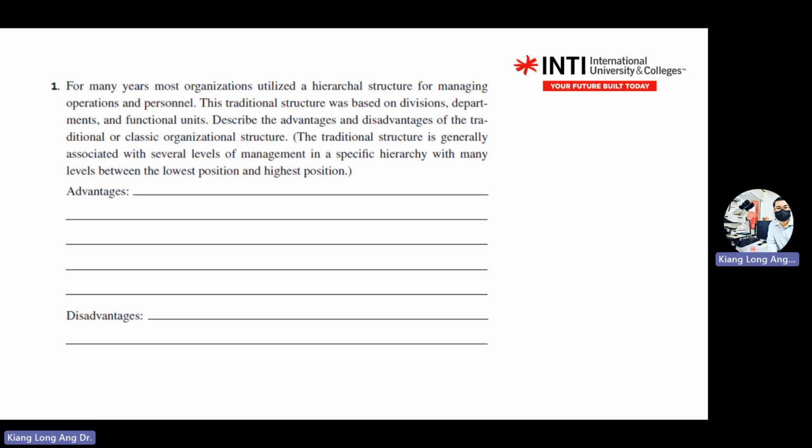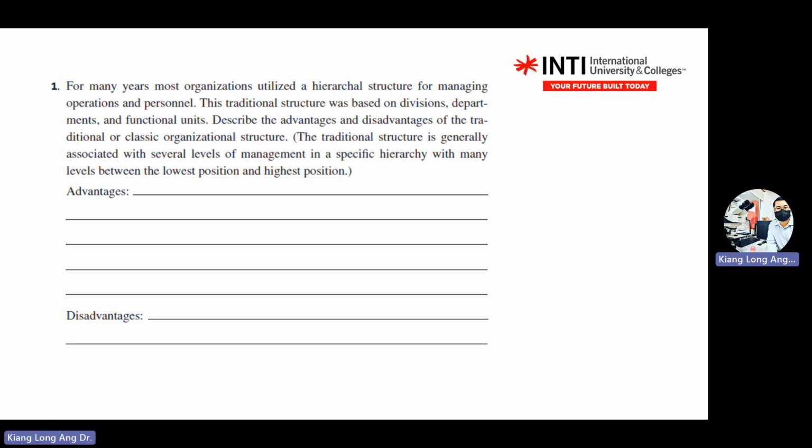So for many years, most organizations utilize the traditional structure, which is hierarchical structure for managing operation and personnel. Traditional structure was based on division, department, functional units. Describe the advantages and disadvantages of traditional structure.